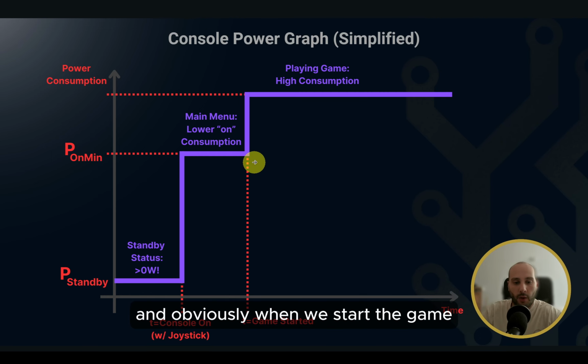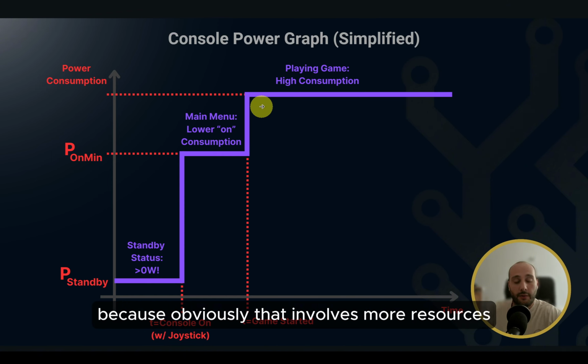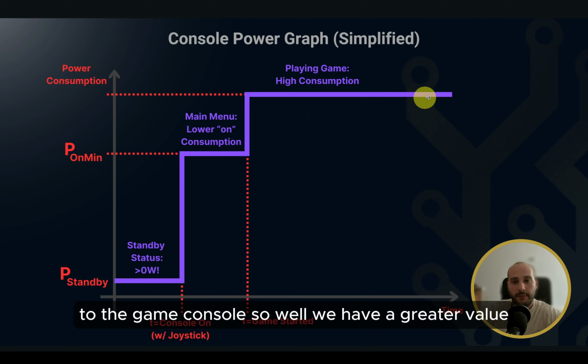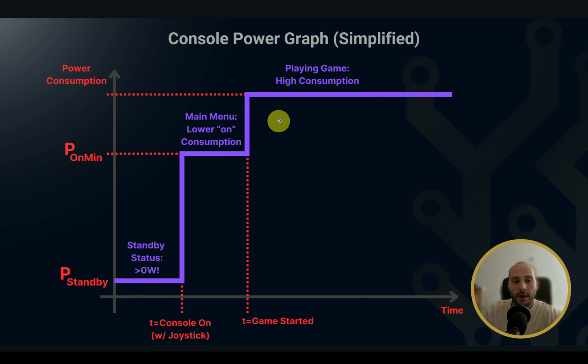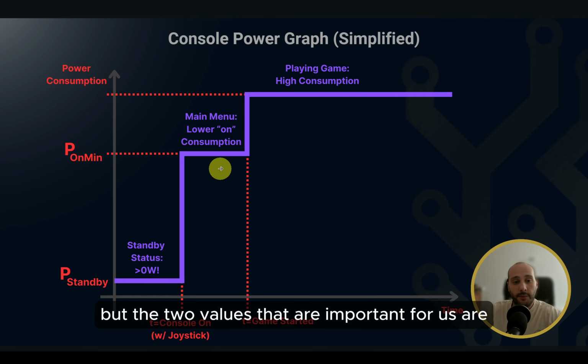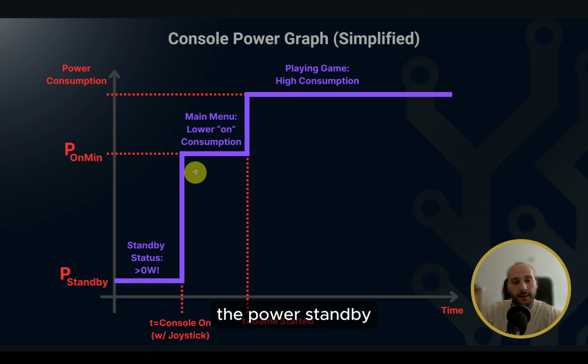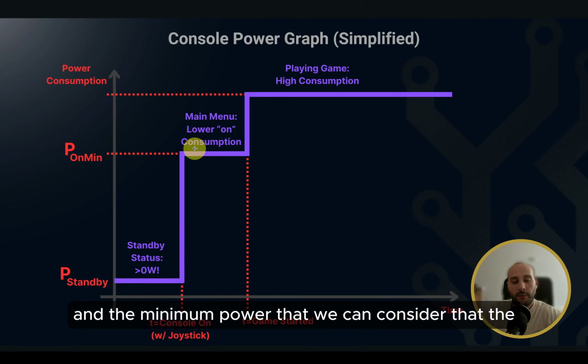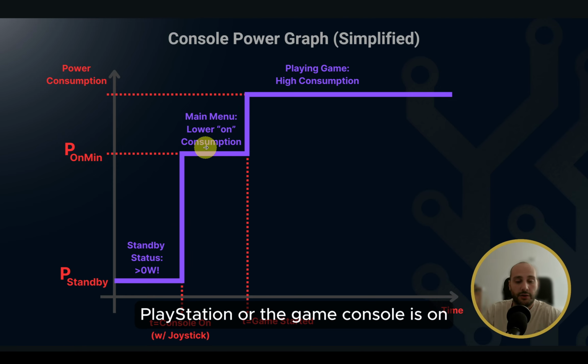And obviously when we start a game, we are going to have more power, because that involves more resources for the gaming console, so we have a greater value. But the two values that are important for us are the standby power and the minimum power at which we can consider that the PlayStation or game console is on.